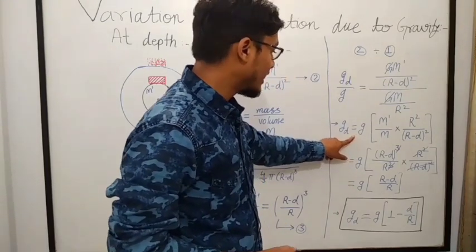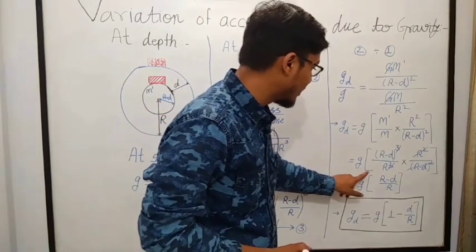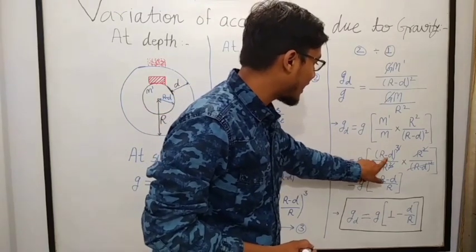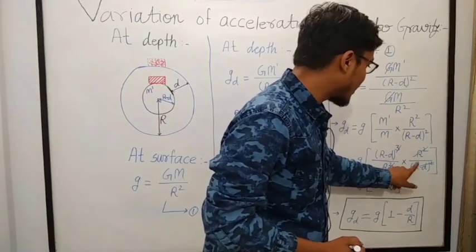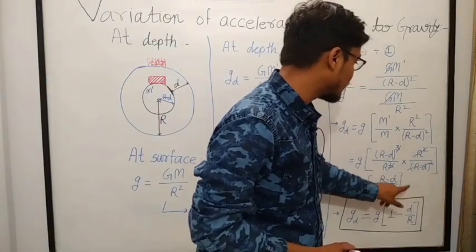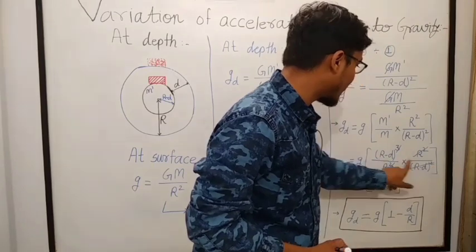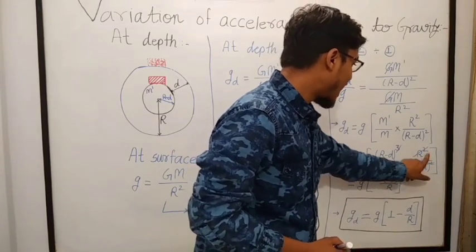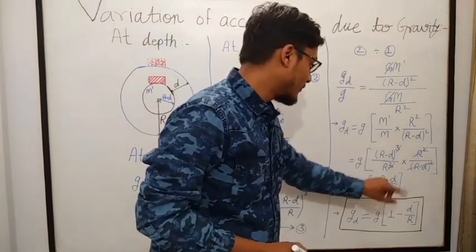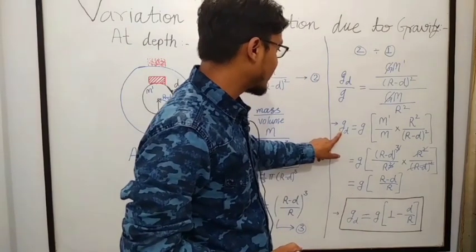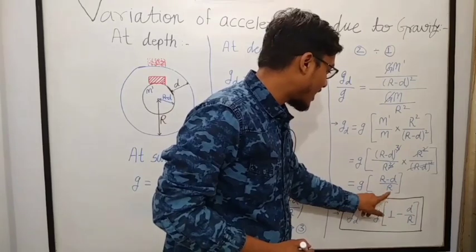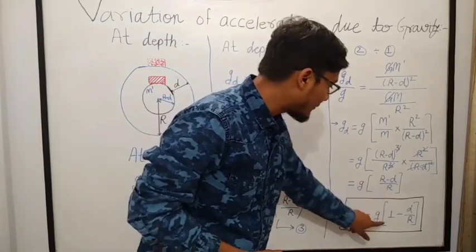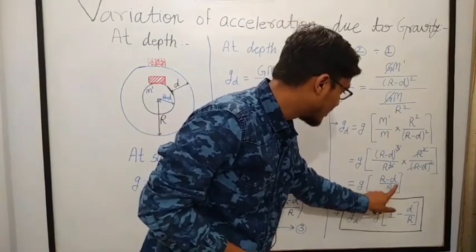So we will get g_d is equal to g multiplied by (r minus d) cube by r cube into r square by (r minus d) square. So here the (r minus d) square term and cube will get cancelled, and the r square term and cube term will get cancelled. So in the next step we will get g_d is equal to g multiplied by (r minus d) by r. So here r by r means we will get 1 minus d by r.